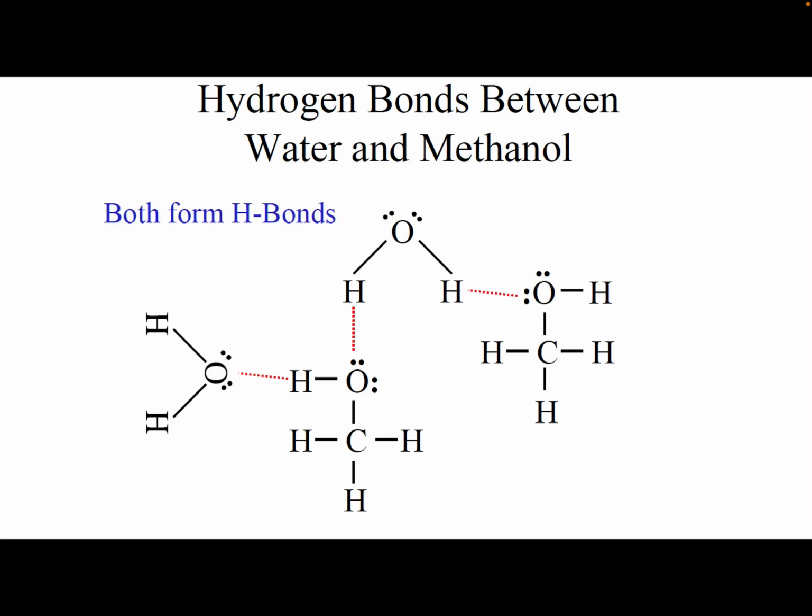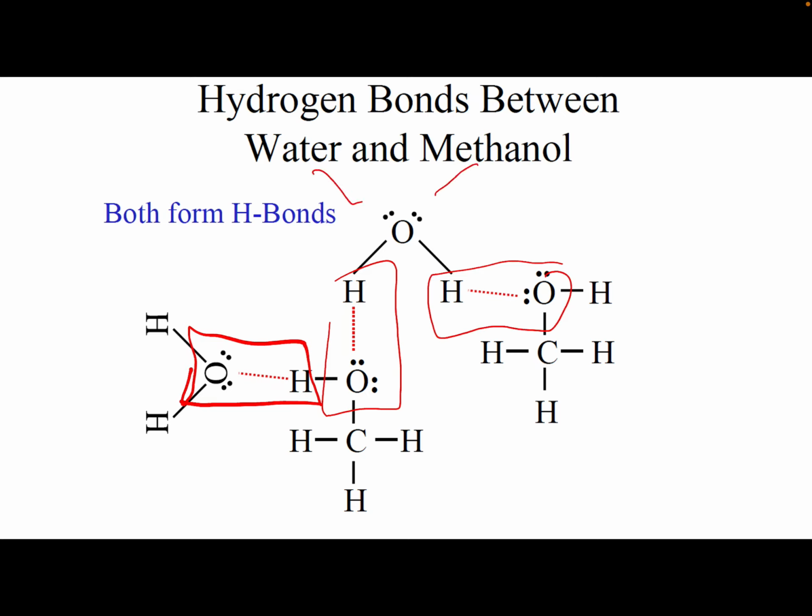This shows you hydrogen bonds between water and methanol. So notice we have a hydrogen bond here between oxygen and hydrogen. Again, oxygen and hydrogen, oxygen and hydrogen. This area over here is available to continue hydrogen bonding with more methanol.